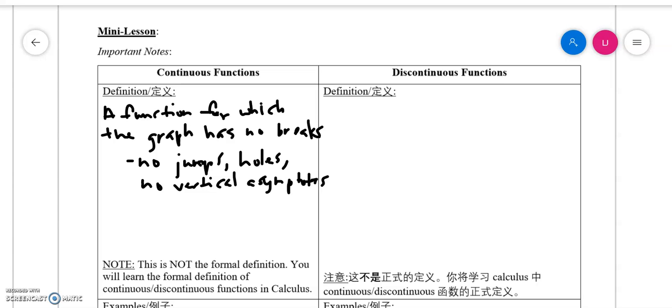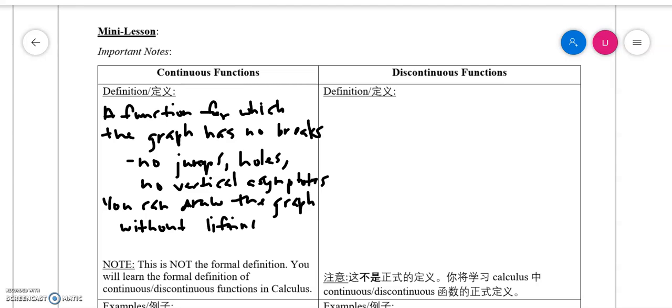Some of you yesterday also defined continuity in another way, which was another very good informal definition. Basically, you can draw the graph without lifting your pencil. So again, you can completely draw the graph without lifting a pencil.